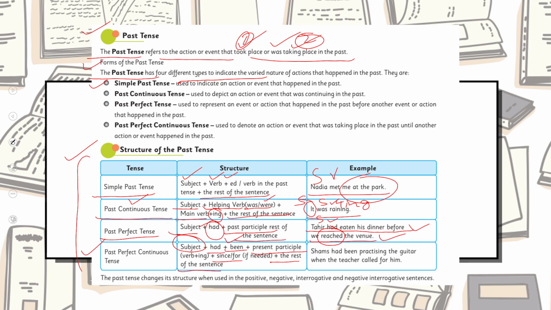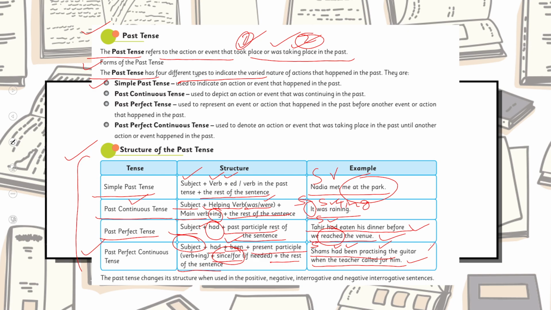So let's look at this example and analyze it. Shams had been practicing the guitar when the teacher called for him. Shams is our subject, then our had, been, practice. Practice is in the present participle form. ing is added, then the guitar when the teacher called for him, then the rest of the sentence. So see, since and for was not needed over here.